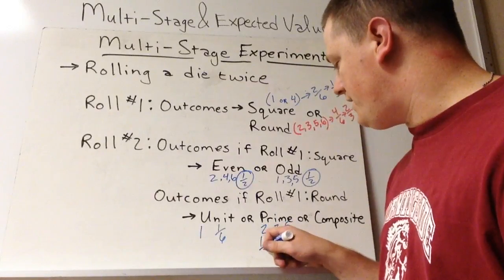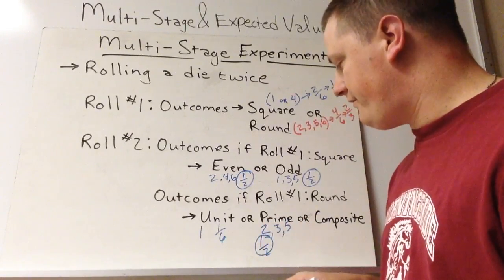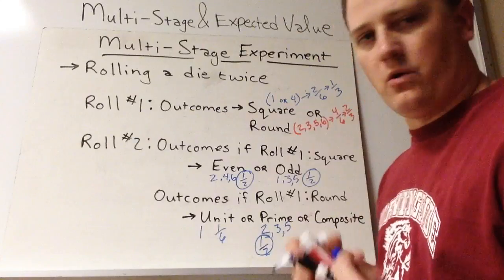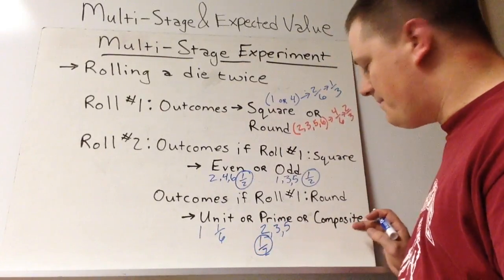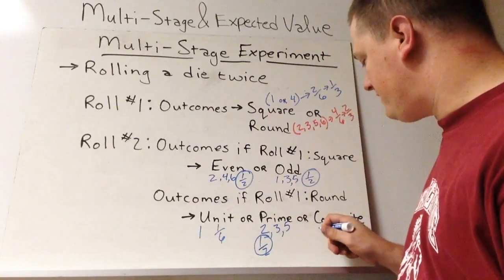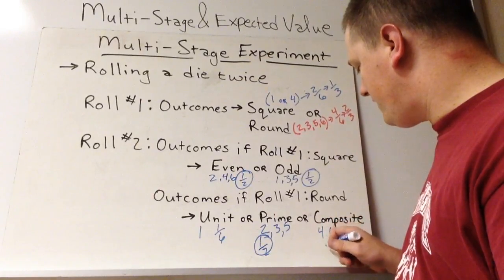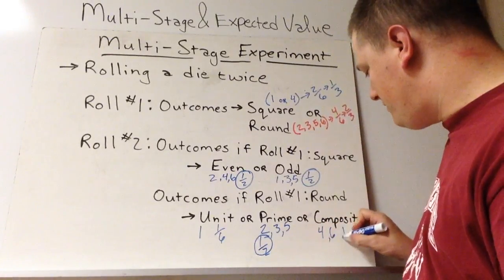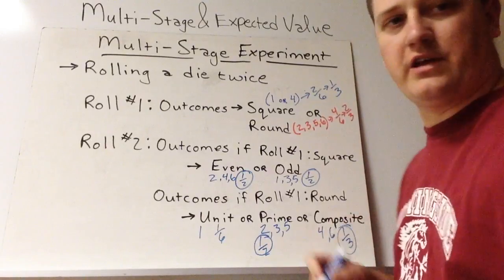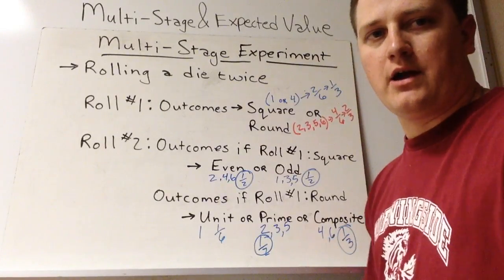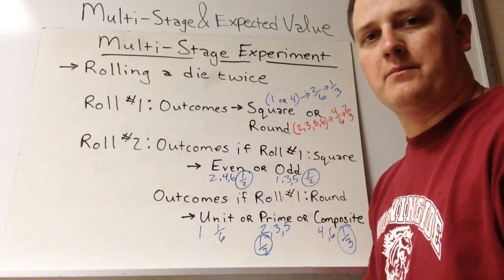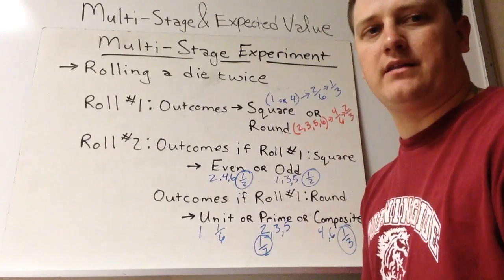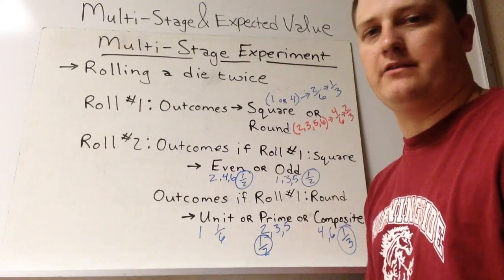So that's 3 out of 6, or 1/2. And composite would be our typical composite numbers. 4 and 6 are the only ones left there. So that would be 2 out of 6, which becomes 1/3.